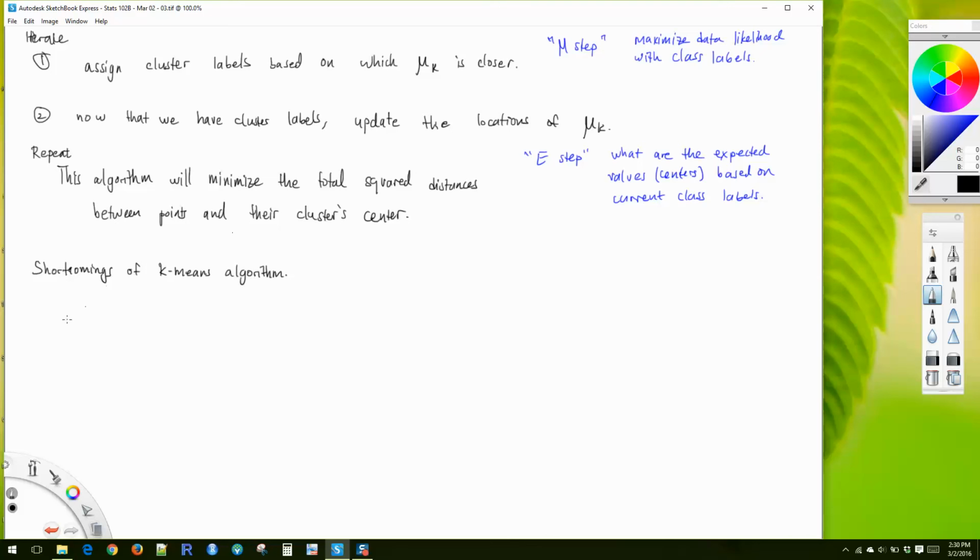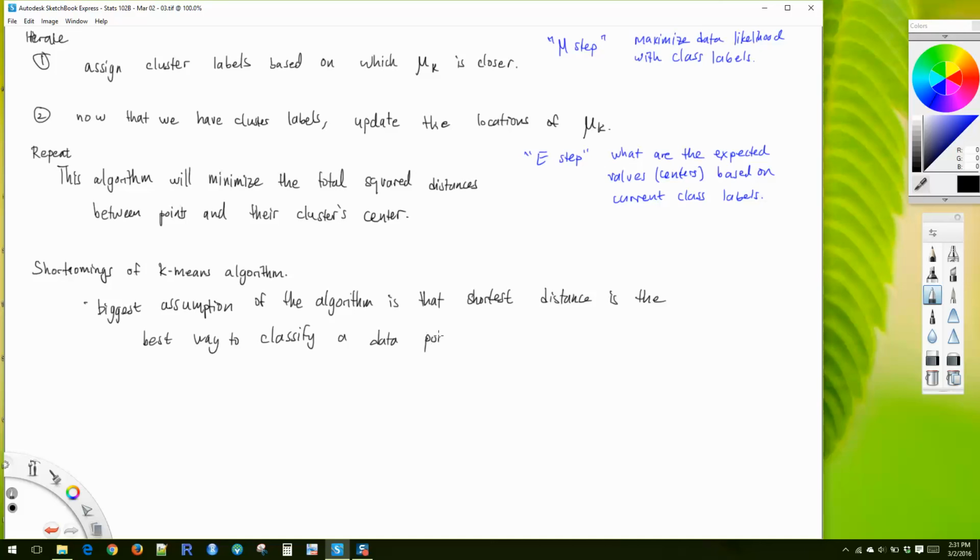So basically, the primary assumption, the biggest assumption of this algorithm is that shortest distance is the best way to classify a data point, okay?